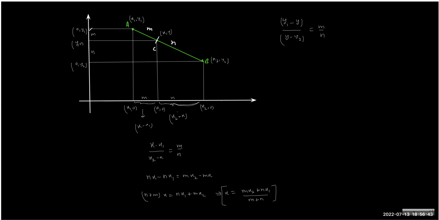Can we write like this? Yes, sir. So do the same thing. Multiply: ny1 minus ny equals my minus my2. And if you rearrange, you're done.